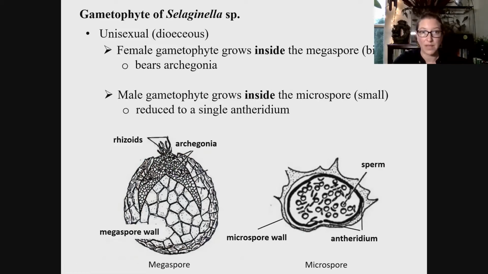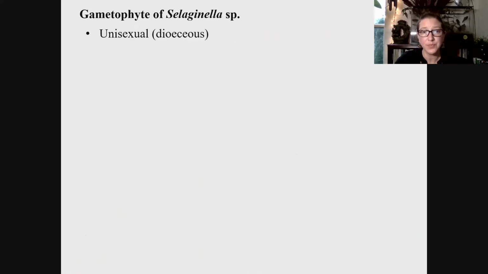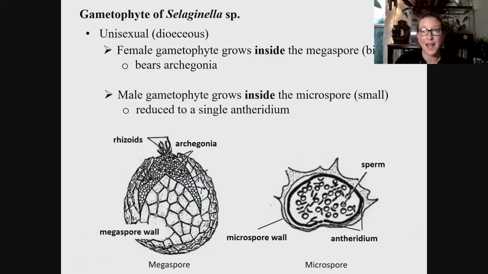And the male gametophyte plant grows inside of the microspore. And the male gametophyte plant, in order to fit inside of that microspore, because you saw how small these microspores are, is basically just a single antheridium now.